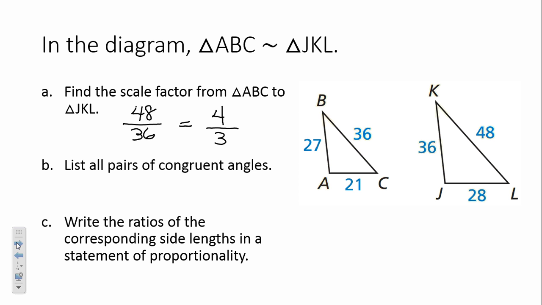Okay? Now it didn't matter that Nolan chose to start with 48. Nope, because if you had chosen 28 and put it over 21, it would reduce to 4/3. And if you had chosen 36 and put it over 27, it would reduce to 4/3. But you have to make sure you're using the corresponding parts of those triangles.